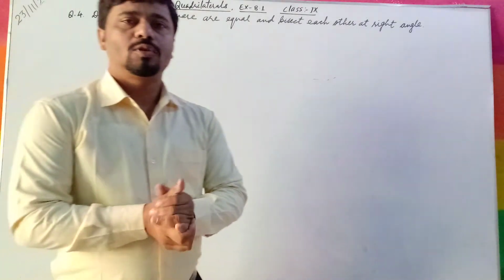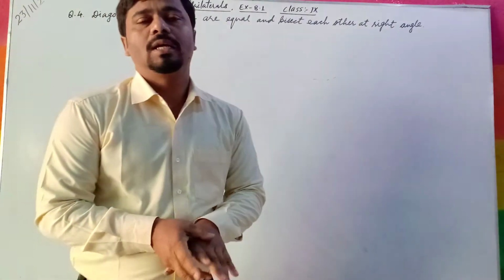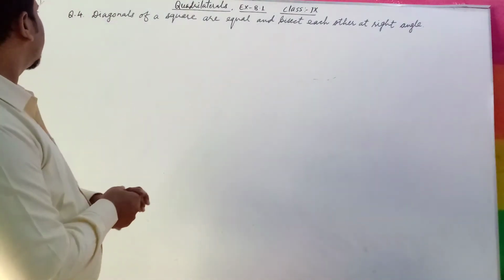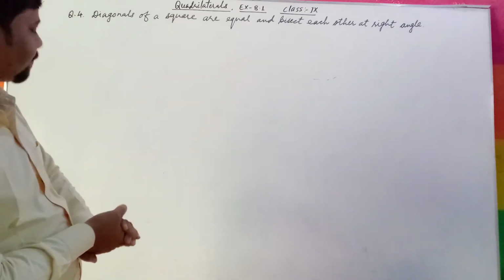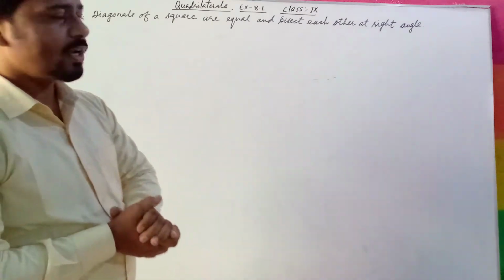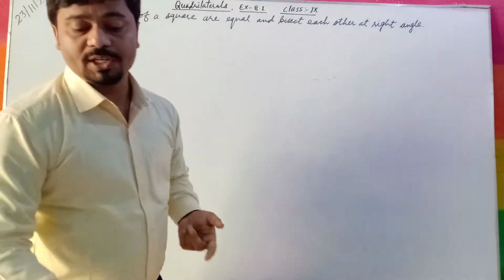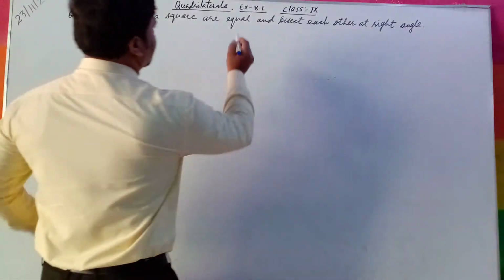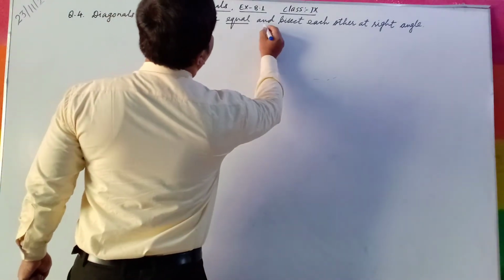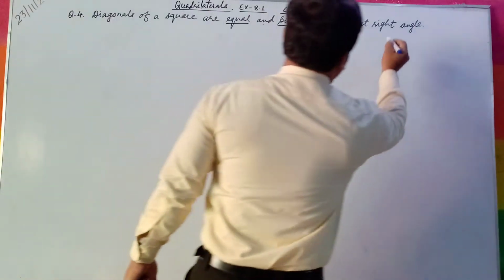I am Kamal. Today we'll see exercise 8.1 Quadrilaterals, question number 4. You can see the question: diagonals of a square are equal and bisect each other at right angle. Diagonals of a square are equal, and bisect each other at right angle.